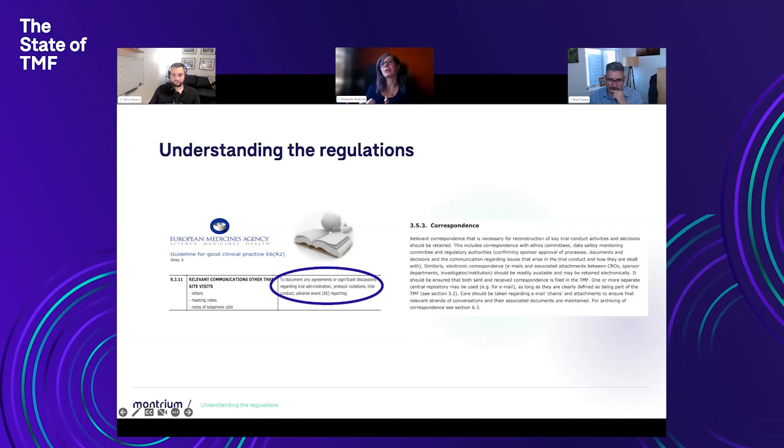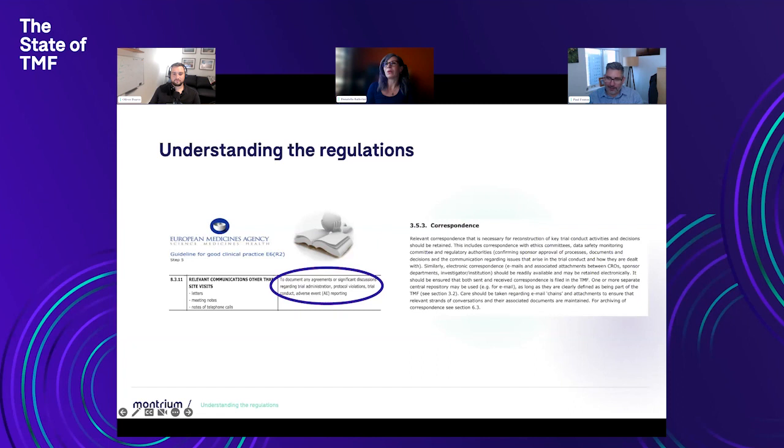When we discuss the importance of TMF, why TMF is important, it's because if it's not documented, it didn't happen. So the TMF is the evidence for the sponsor to demonstrate compliance, and the evidence of what happened for the inspector. And at the end, even emails are evidence. You can use emails even during a court proceeding, so they can be a proof. So they've got a relevance weight in terms of legal aspect.